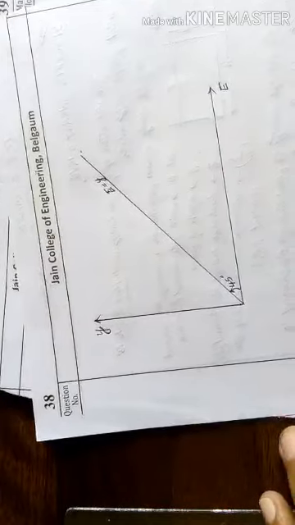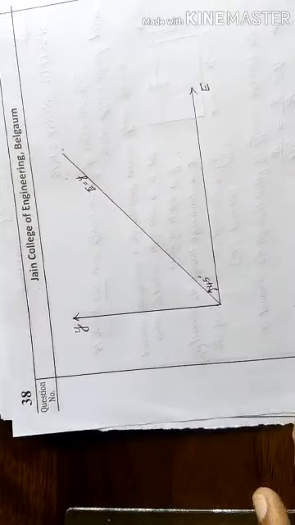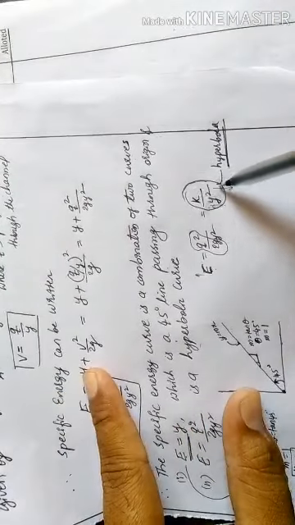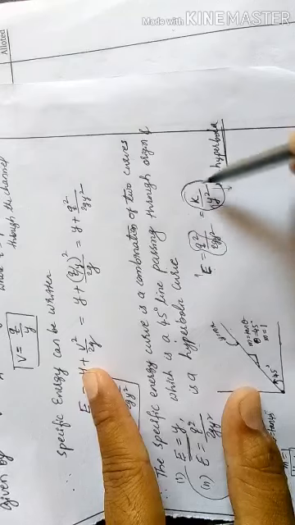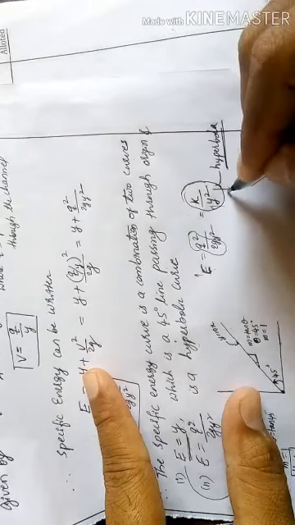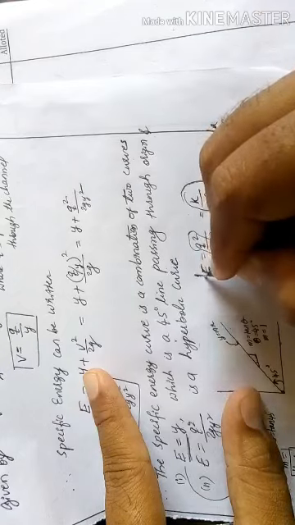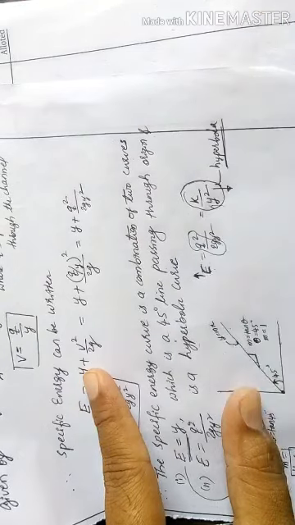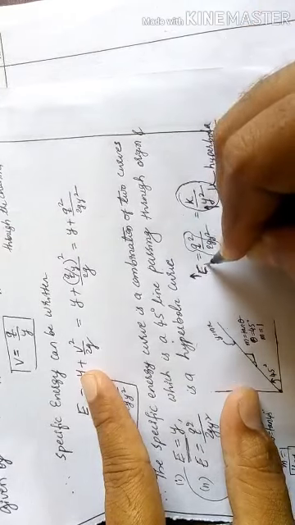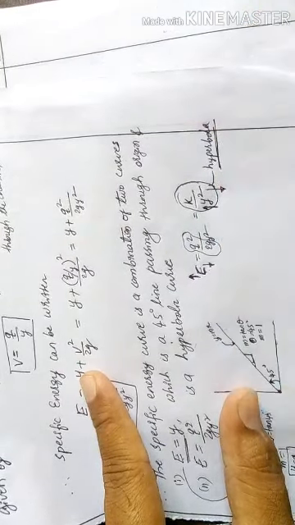This is the first curve. Then the second curve, from this equation. This second curve represents, as the depth of flow decreases, energy increases, and as the depth of flow increases, energy decreases.